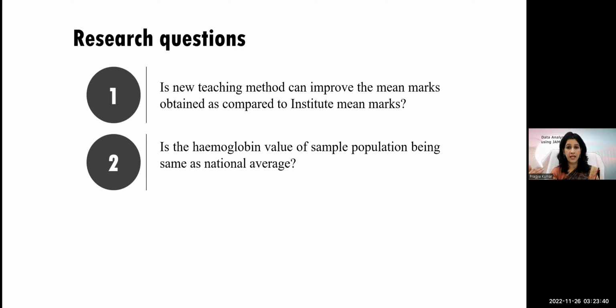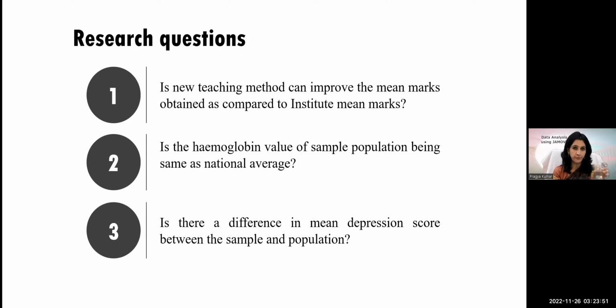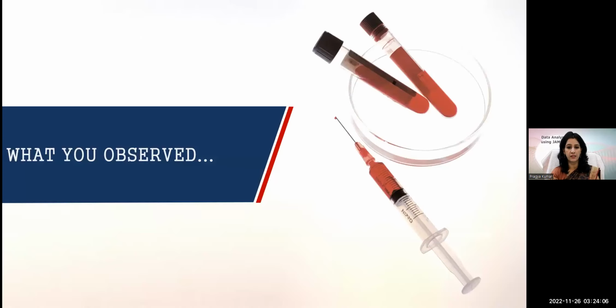In this case, you are taking a reference which is a national value, I mean, NFHS data probably you can take. Or if you want to see whether there is any difference in the mean depression score between a sample and the population, then also you can apply this one sample t-test.